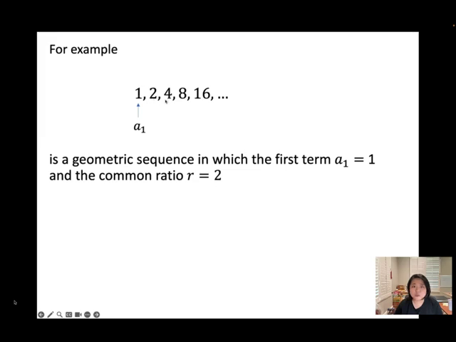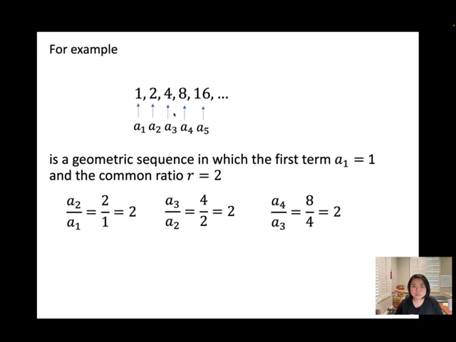Or 4 divided by 2, you're going to get the 2 also. 8 divided by 4, you also get the 2. This is called the common ratio. And then a1 equal to 1, a2 equal to 2, a3 equal to 4: first term, second term, third term. This is how we find the common ratio here.